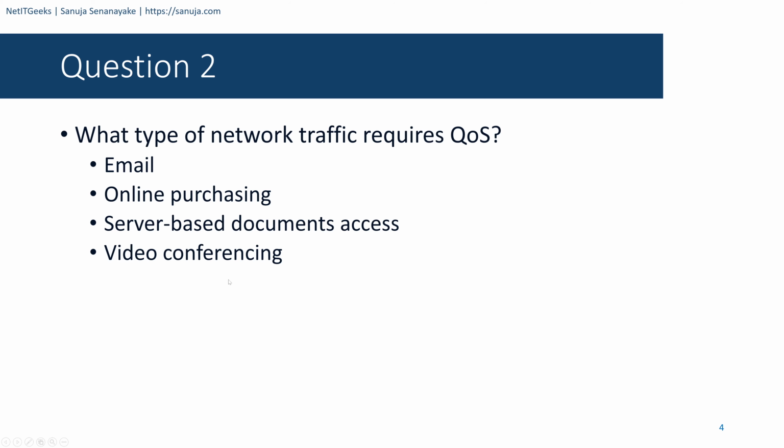Video conferencing, however, may require QoS because that will allow the person using video conferencing to access information, the packets, in a timely manner. If there is a delay in packets in video conferencing, you won't be able to have proper video quality during the conferencing time, right? That's why QoS is needed for video conferencing. So the answer for this question is video conferencing.